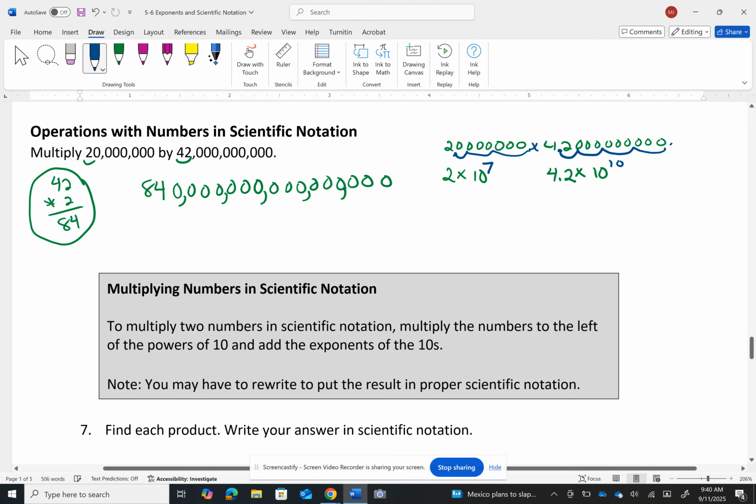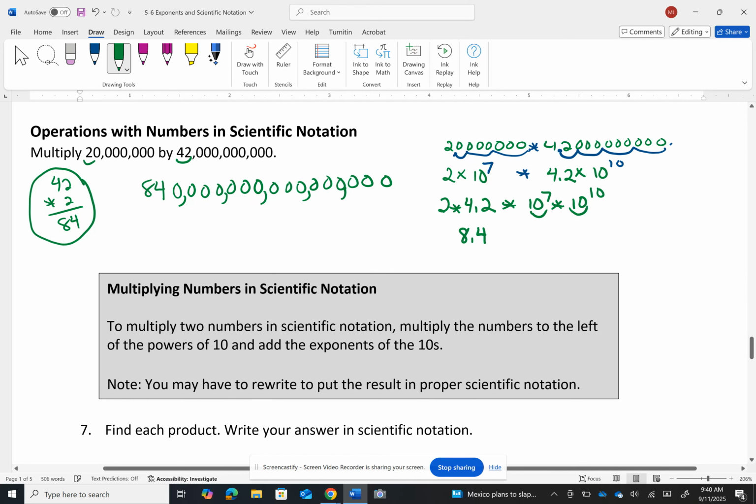And so if I'm trying to multiply these, what I can do is multiply the 2 times the 4.2, which would be 8.4. Doubling 4.2 would be 8.4. And then I could multiply the 10 to the 7th and the 10 to the 10th, and here's where the exponent rules come into play.